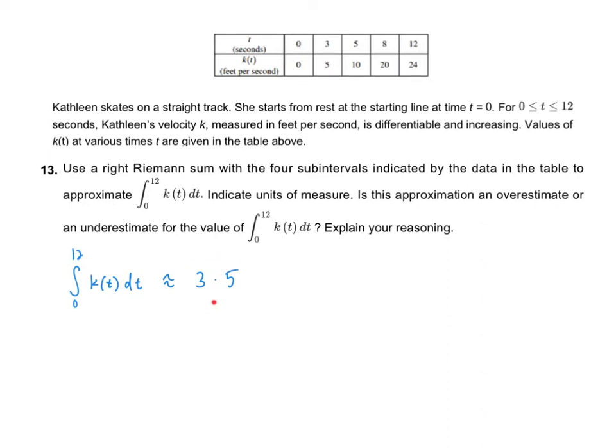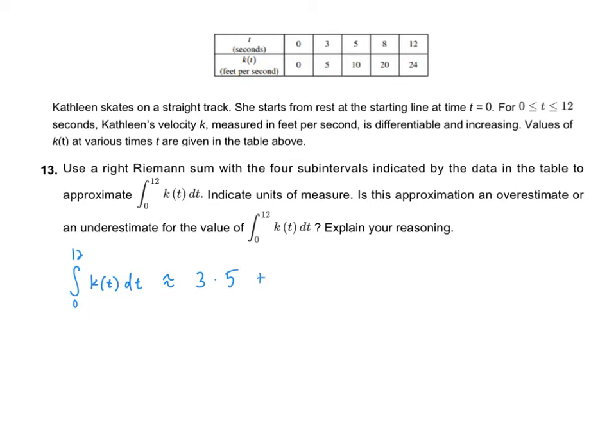This is going to be the area of the first rectangle. 3 is the width because that's the difference between the two t values, and 5 is the height because we're using the right hand. Using these two endpoints for the first subinterval, 5 is the one on the right. And we're just going to do that for each one.